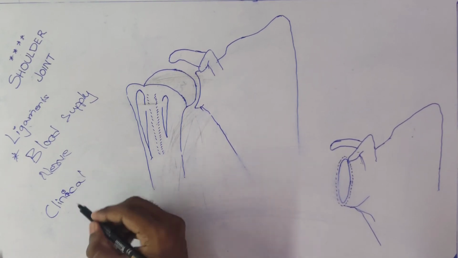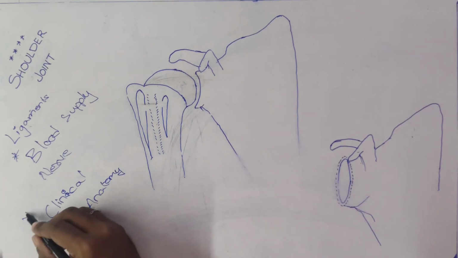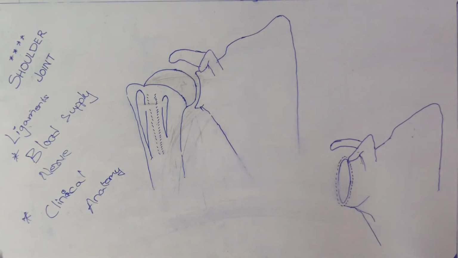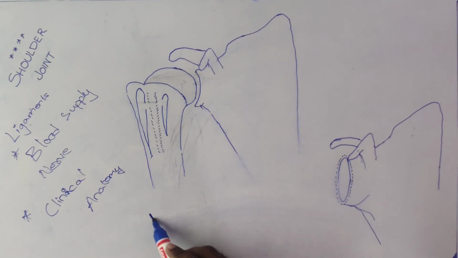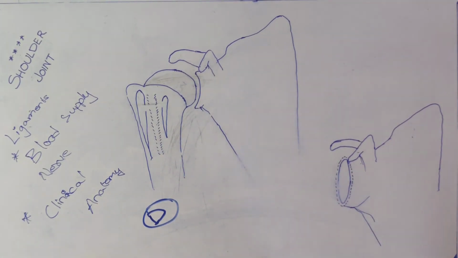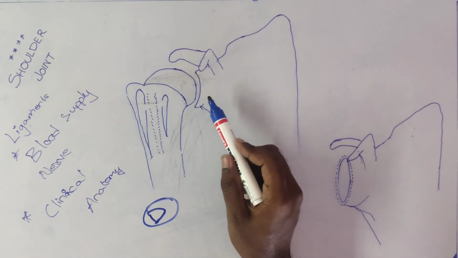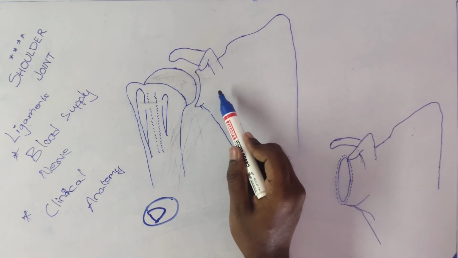Clinical anatomy. Okay, important concept. In the clinical anatomy, we can observe 4 types. The first one is dislocation. The dislocation occurs because only 1/4 of the head of the humerus articulates with the glenoid cavity.